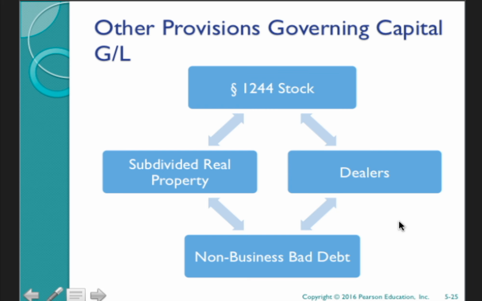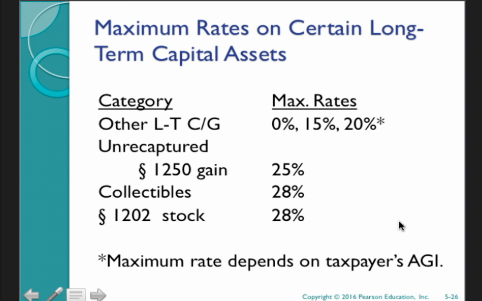I don't want to get too much into the details of these other provisions that govern capital gain and loss just yet, but this may be a handy reference slide later on when we look at these in more detail. This slide's important though.